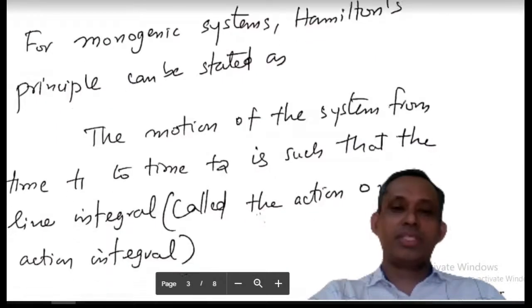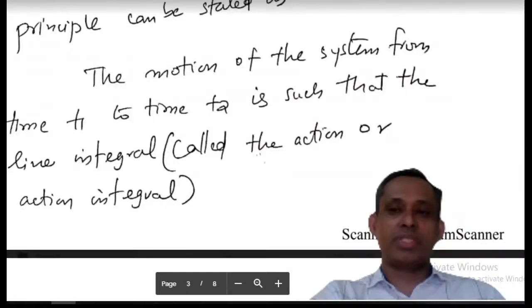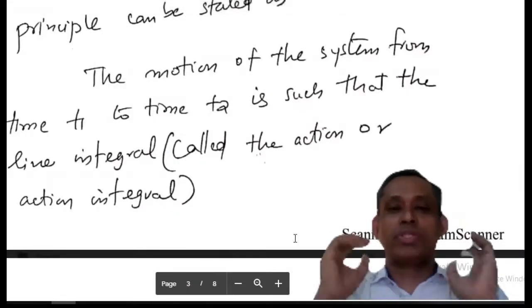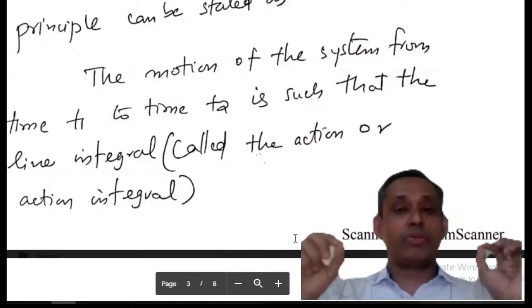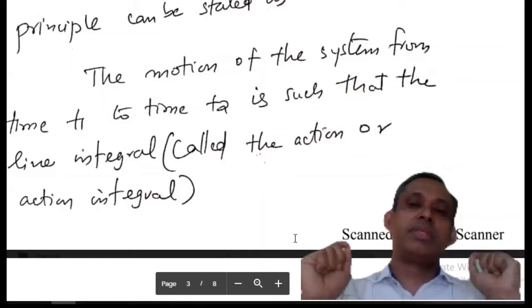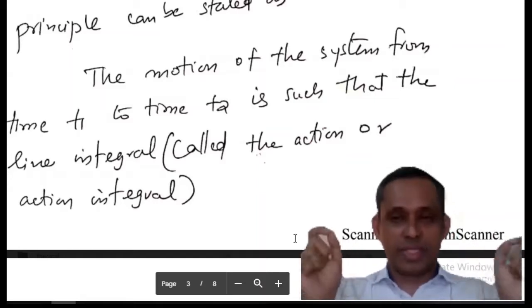For monogenic systems, Hamilton's principle can be stated as follows. We know how to represent the motion of the system, as we just saw in the configuration space.